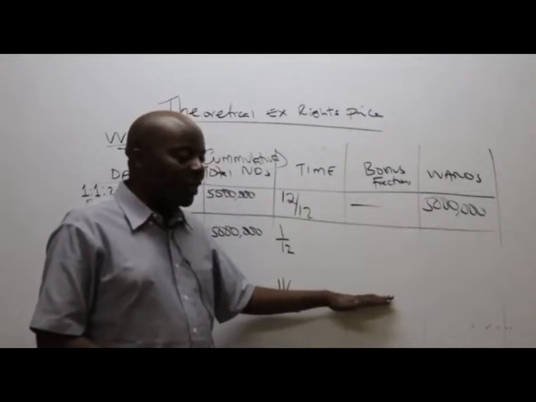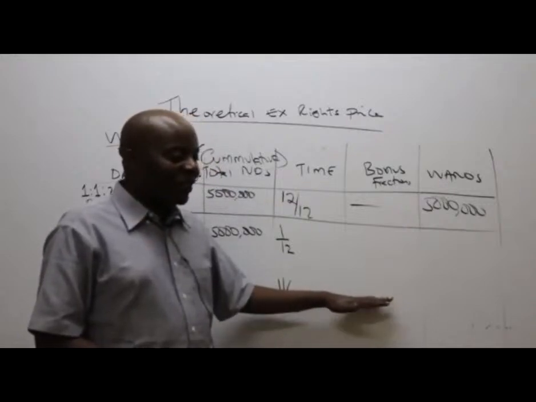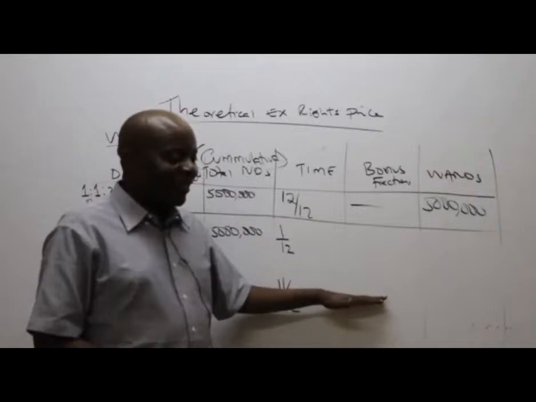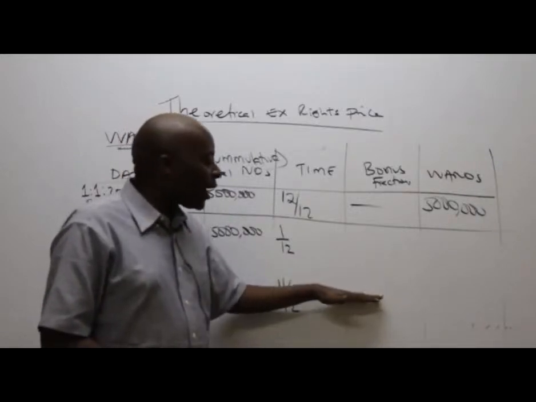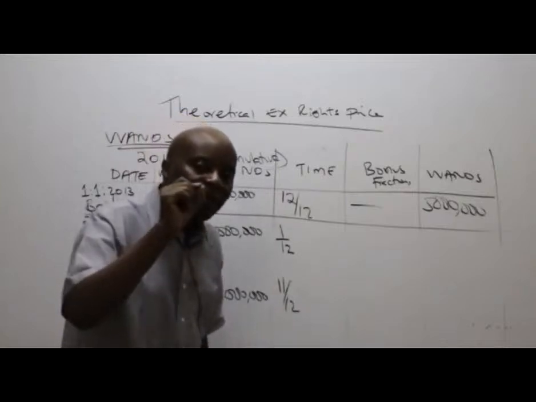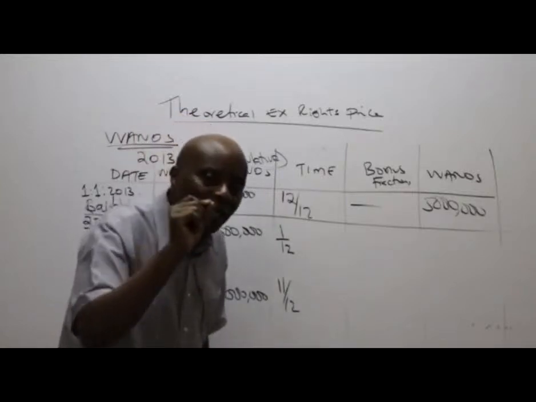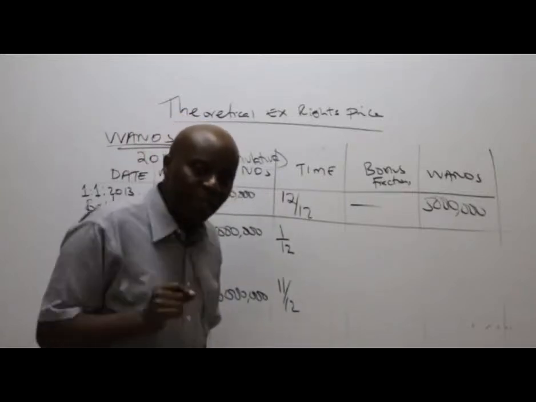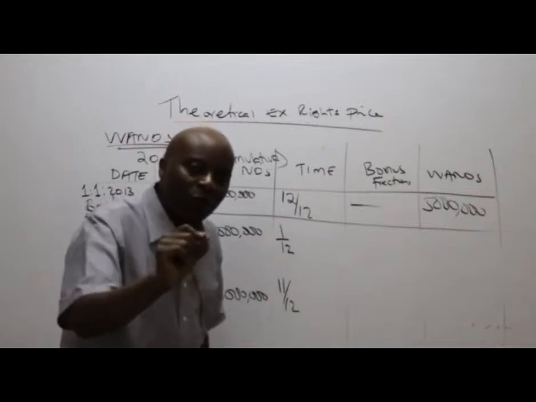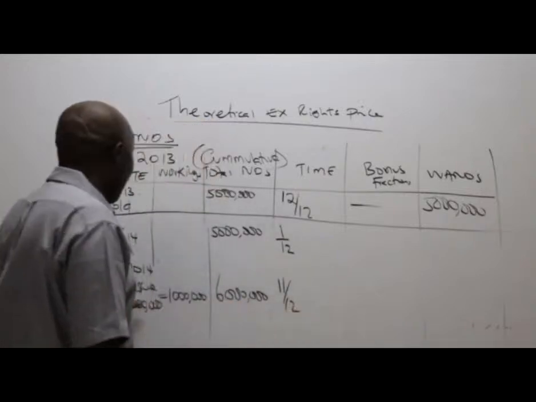Tunaweka hapa immediately kwa rights kweli? Thank you very much. Ladies and gentlemen, this bonus fraction does not apply to the transaction that gave birth to it. This 11 over 10 was given birth by the rights issue.